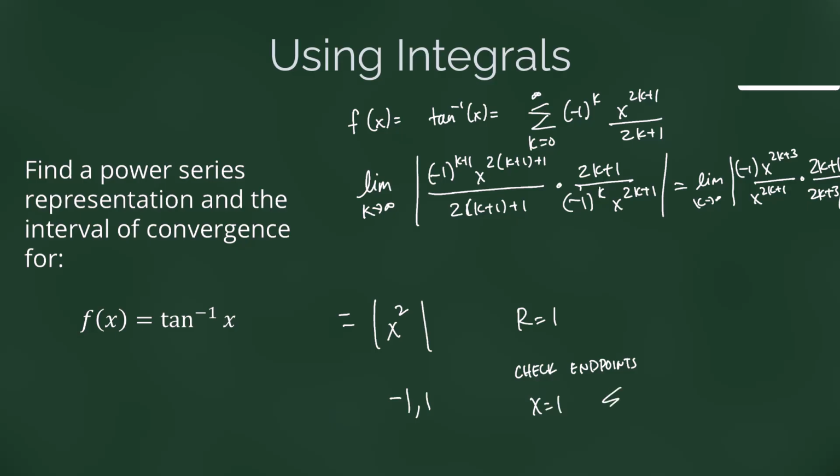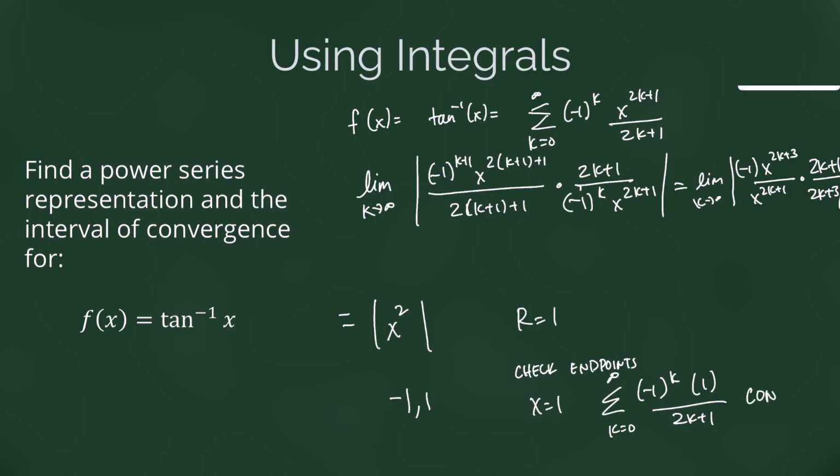So at x equals +1, we have the sum from k equals 0 to infinity of -1 to the k times 1 over 2k plus 1. That's an alternating series. Its terms are decreasing and going to 0.